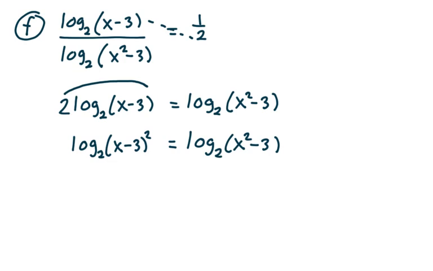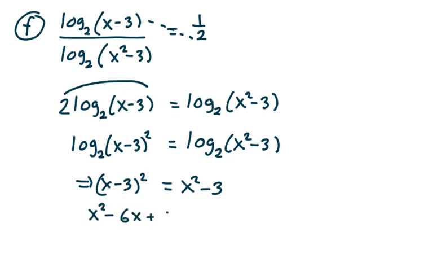Now, notice how they have the same base. And so that implies x minus 3 squared is equal to x squared minus 3. So x squared minus 6x plus 9 is x squared minus 3. I hope that's okay.